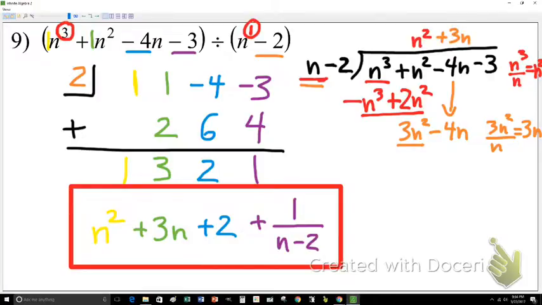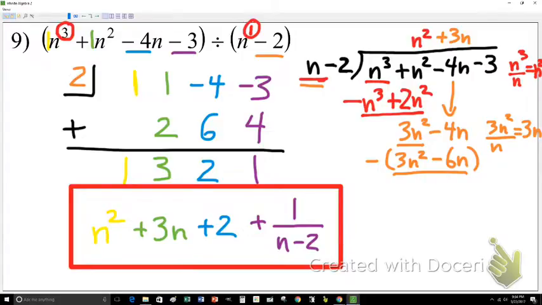And I repeat the whole process, so I multiply it by this binomial here, and the result goes underneath these two numbers that I have. Okay? So I'm going to put the result underneath these two numbers here. When I multiply the 3n times the binomial, 3n times n gives me 3n squared. 3n times a negative 2 would be negative 6n. And then, of course, I subtract here. Now, I'm just going to distribute the negative and add.